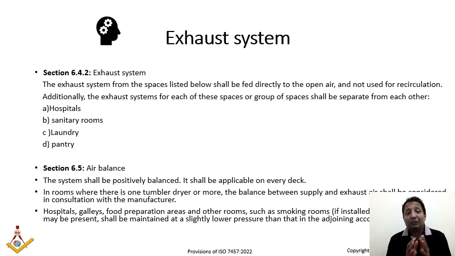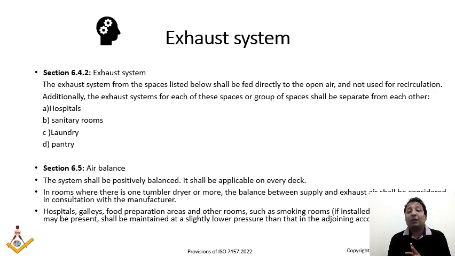That means an exhaust fan should not be connected to any spaces except those spaces. I will explain what this means. One more thing is that none of the air supplied to these particular spaces should come back into recirculation. The spaces are hospital or medic room, sanitary room, laundry and pantry.